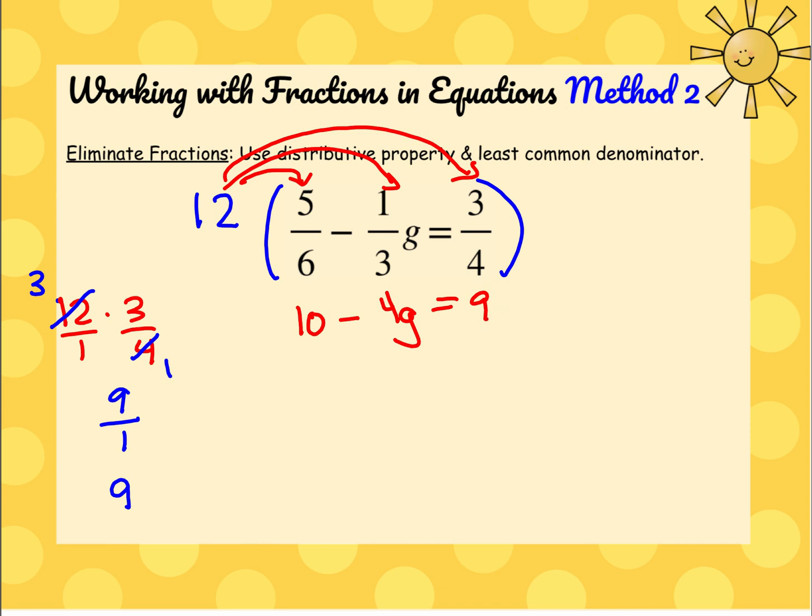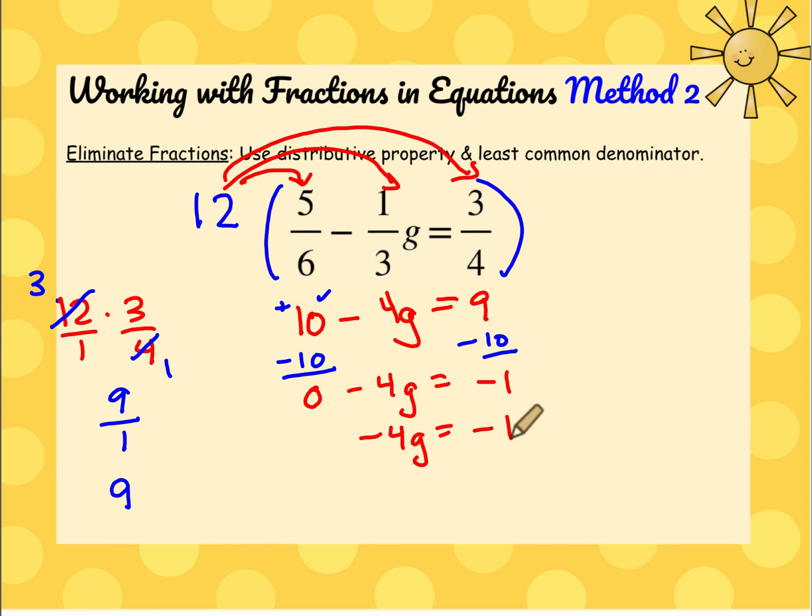Now I'm ready to go ahead and solve it algebraically. So first, I'm going to get rid of 10 because I want to work outside in. So it's positive 10. So to make it a 0, I'm going to subtract 10 from both sides. So 10 take away 10 gives me 0. And 9 take away 10 is negative 1. So that gives me negative 4g equals negative 1.